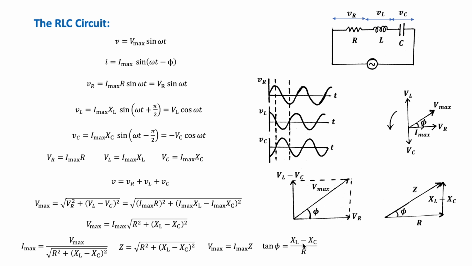And if X_L is equal to X_C, then the phase angle is 0, and the AC impedance is equal to the resistance R. The current then has a maximum value of V_max over R. The frequency at which this occurs is known as the resonance frequency, and we will discuss it further in the following section.